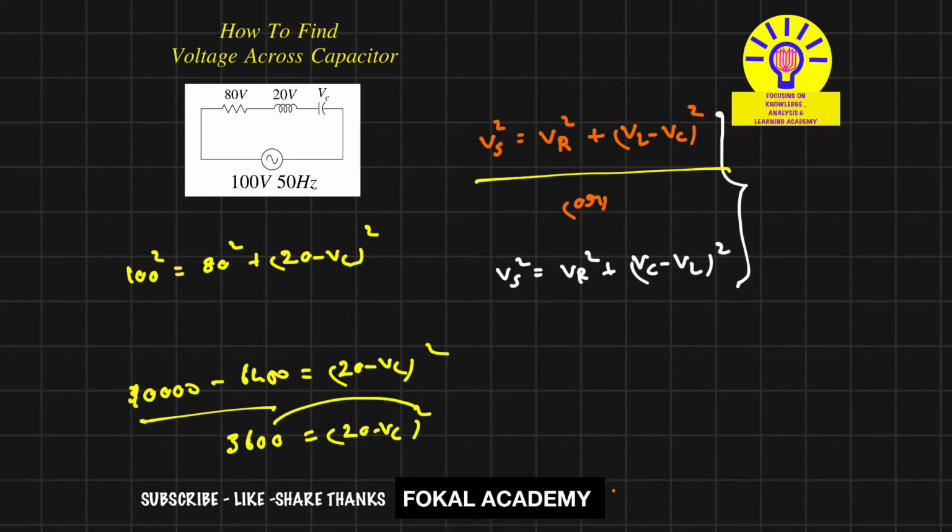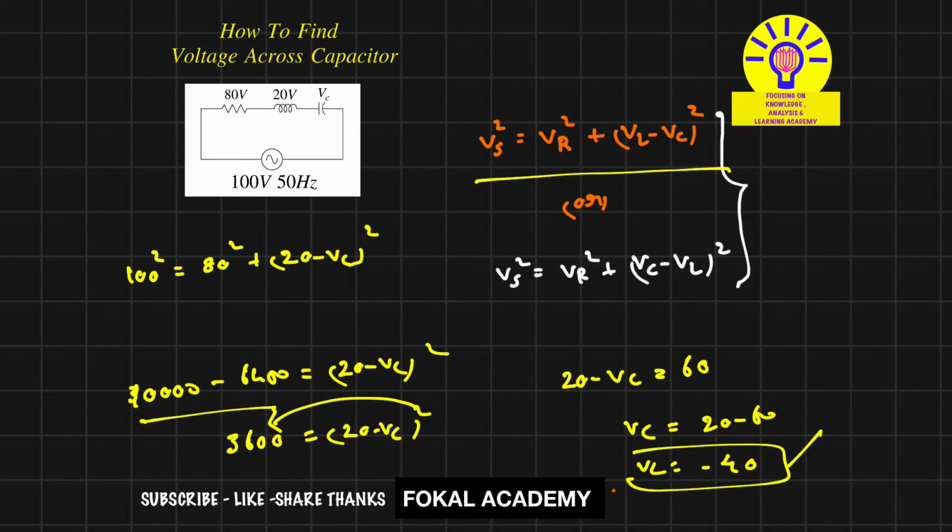Bringing the square to the left-hand side, 20 minus VC equals 60. So here it gives VC equals 20 minus 60, so it is minus 40. Here the voltage drop is negative, so this is not a correct answer.